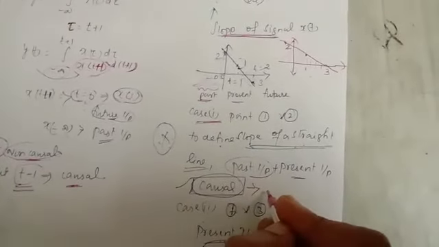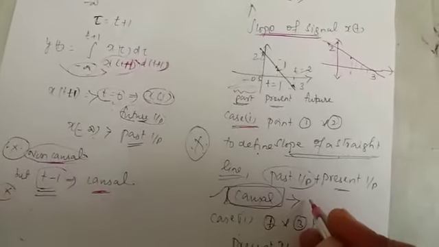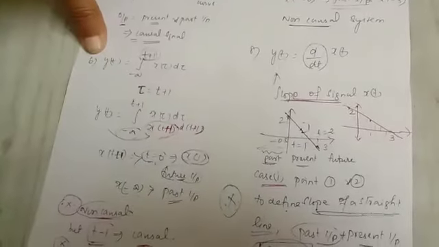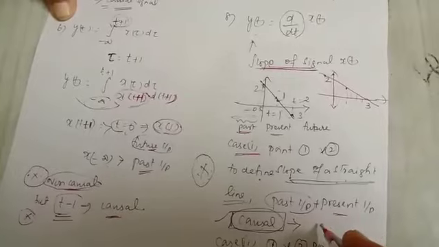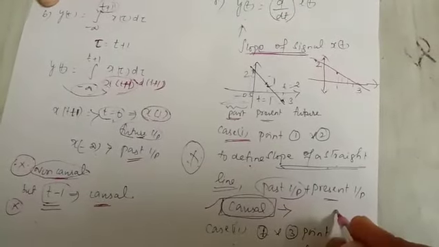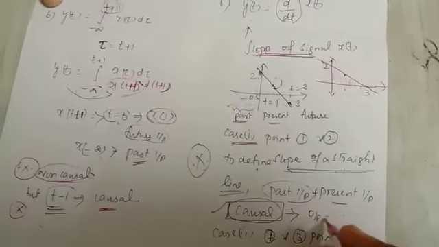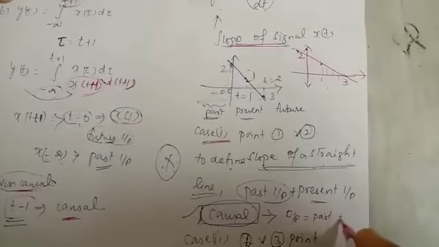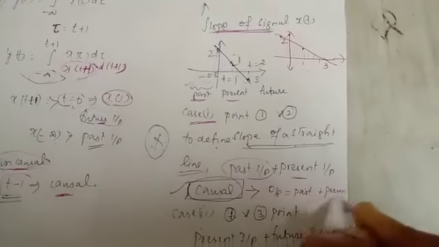Generally, by studying all these sums, we came to know that the causal system is the preferable one, which shows realistic, real life examples. Output at any time depends on the past and present value of input; we don't know about the future input.